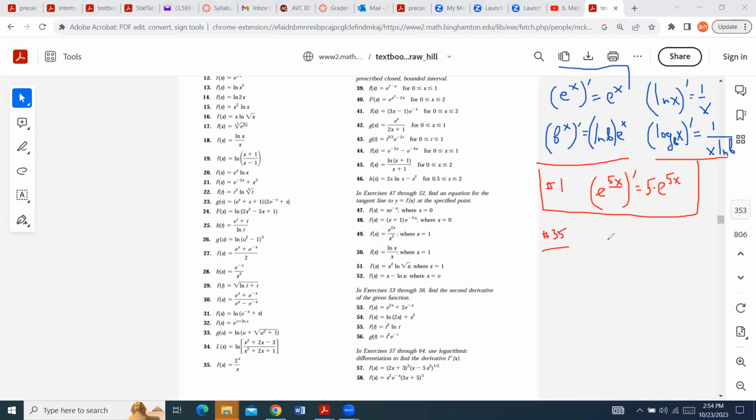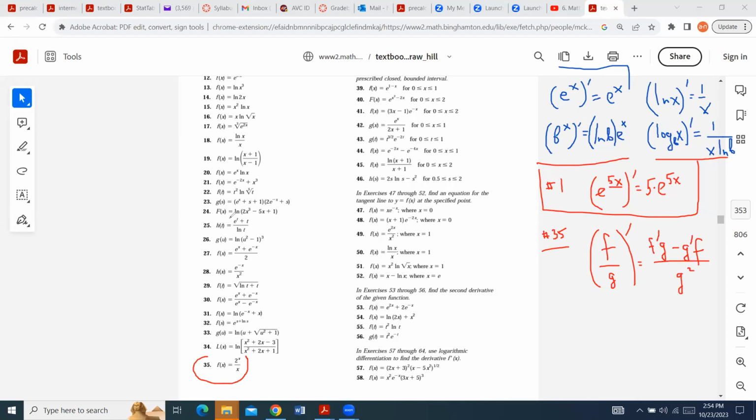So if you have a quotient, in other words, if you divide two functions f by g and try to find their derivative, notice in 35 we clearly have 2 to the x divided by x. So we do have that quotient. The denominator is squared, and we have to take the derivative of the numerator times g minus the derivative of the denominator times f.